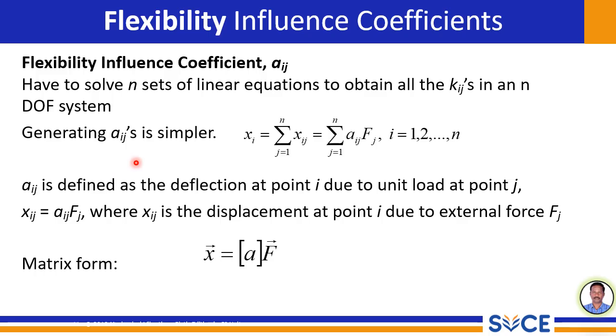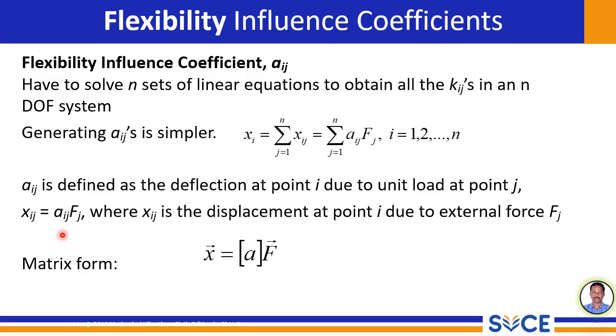If we have external forces applied at various points, say F1, F2 up to Fn, then the total displacement at any point i, denoted as xi, will be the sum of displacements caused by each of these forces. The displacement at point i due to the force at point j is given by the product of the flexibility influence coefficient Aij and force Fj.